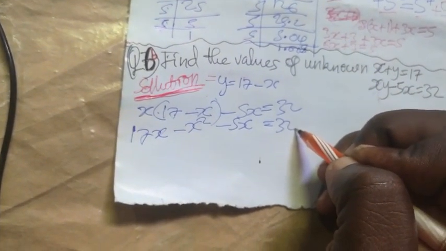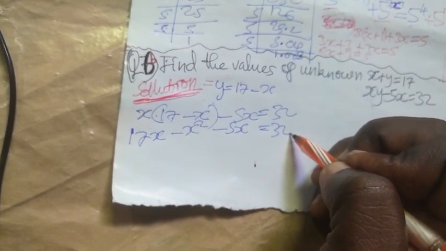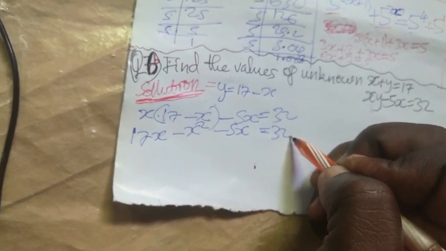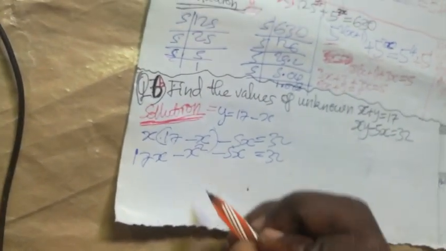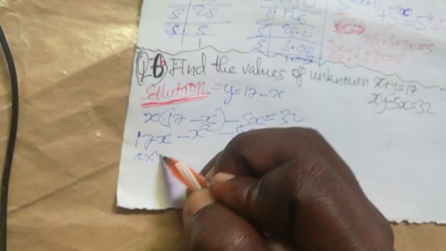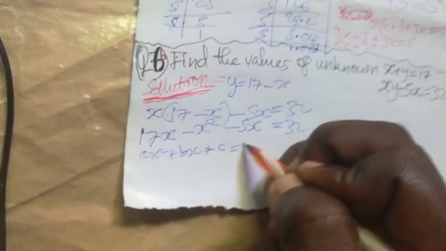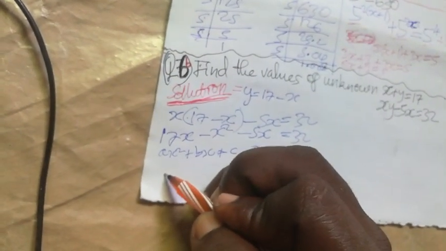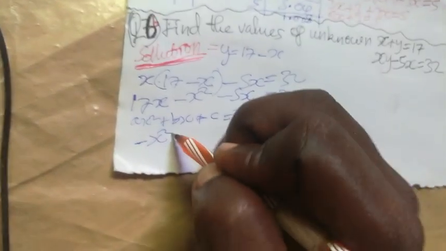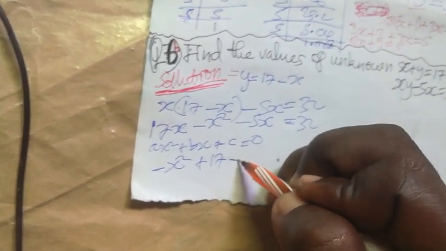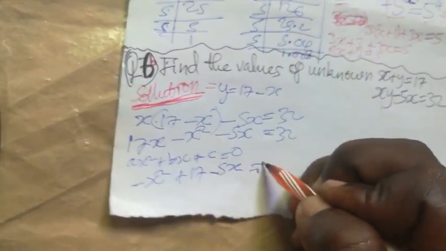The equation is in quadratic form, hence it should be in the form ax squared plus bx plus c is equal to 0. Therefore, we say negative x squared plus 17x minus 5x is equal to 32.